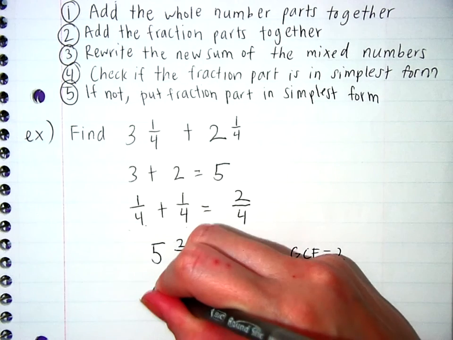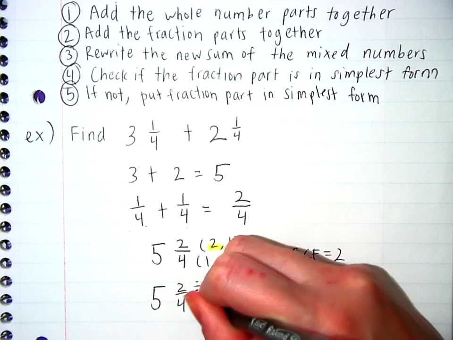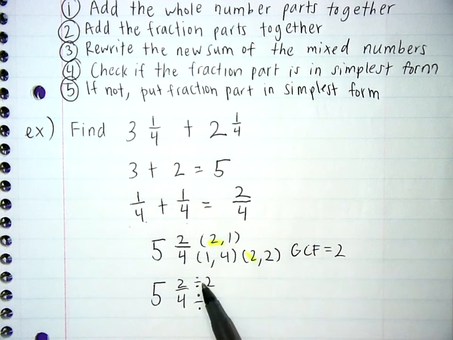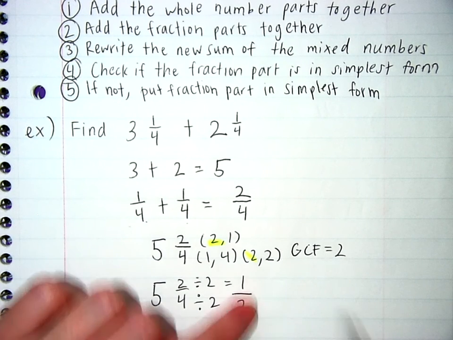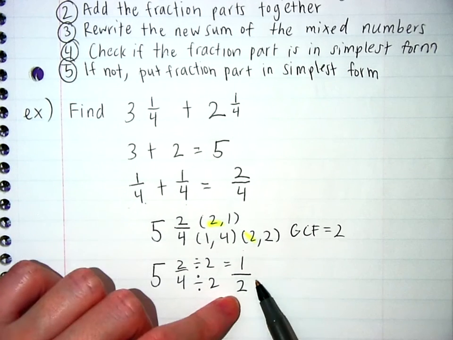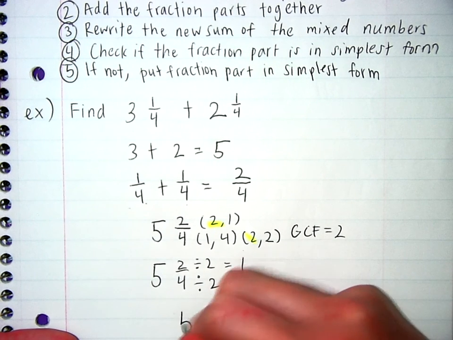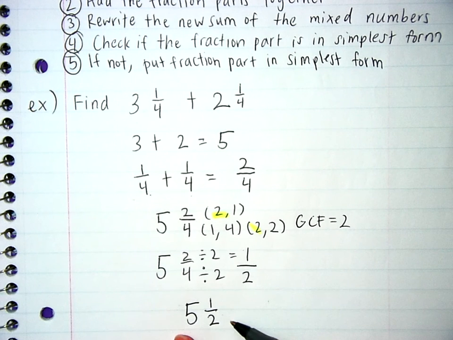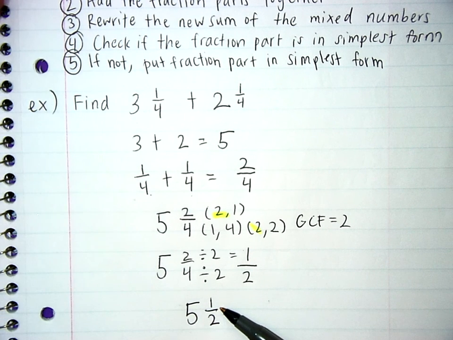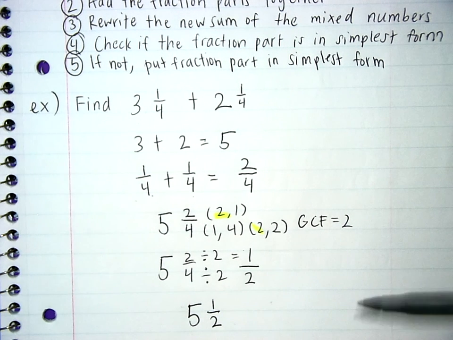So let's rewrite the fraction: 5 and 2 over 4. Let's divide by 2 and divide by 2. 2 divided by 2 equals 1. 4 divided by 2 equals 2. So the simplest form of the fraction part is 1 over 2. Then I rewrite the whole mixed number, 5 and 1 over 2. This is your final answer because now the fraction part is in its simplest form. Doing these 5 steps will give you the answer of how to add mixed numbers.